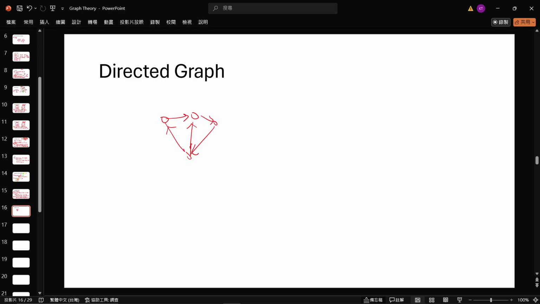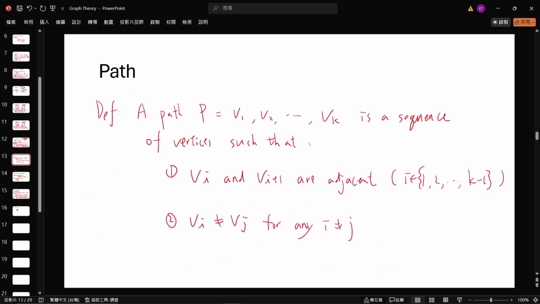So when you write down v1, v2, v3, they are not just adjacent. Between v1 and v2, there must be an edge that is directed from v1 to v2.